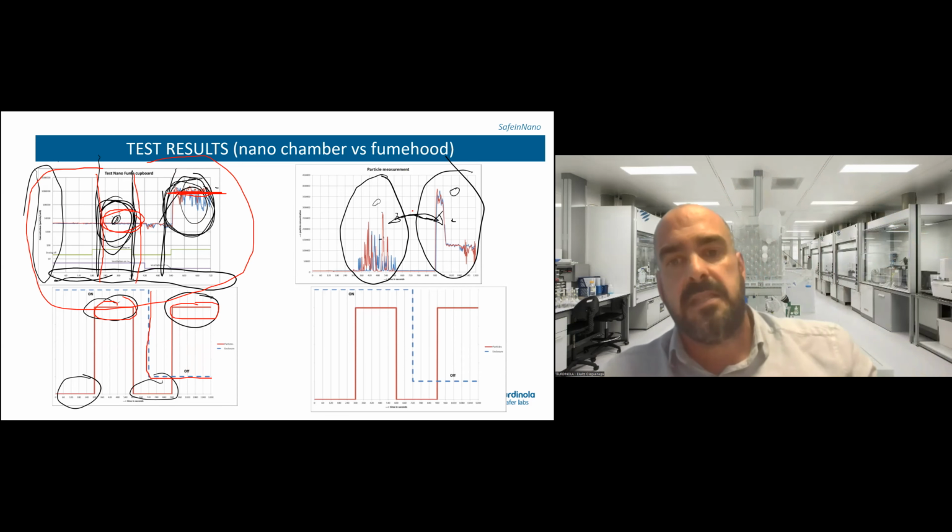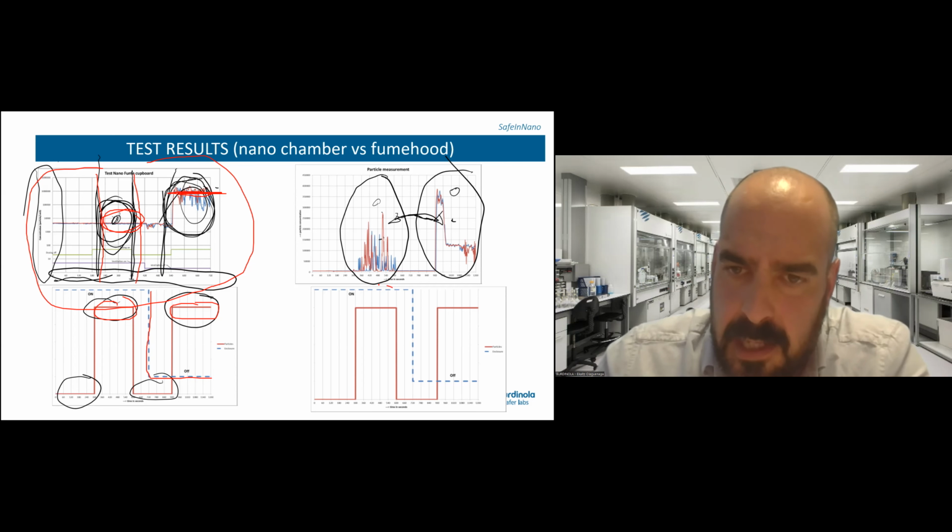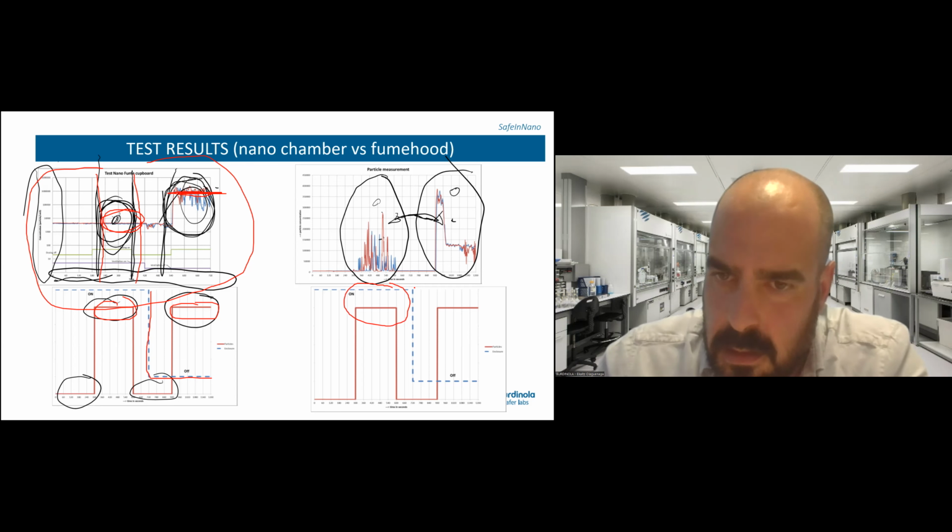We do the same test on the right side with a conventional fume hood. Here the critical part is when we are operating the fume hood and injecting nanoparticles inside. You can see that we detect a lot of nanoparticles outside the fume hood.